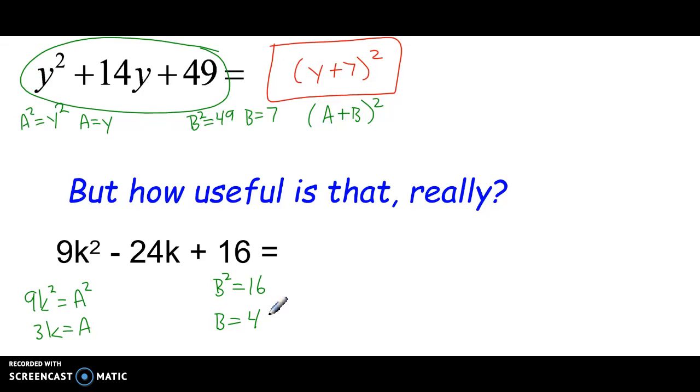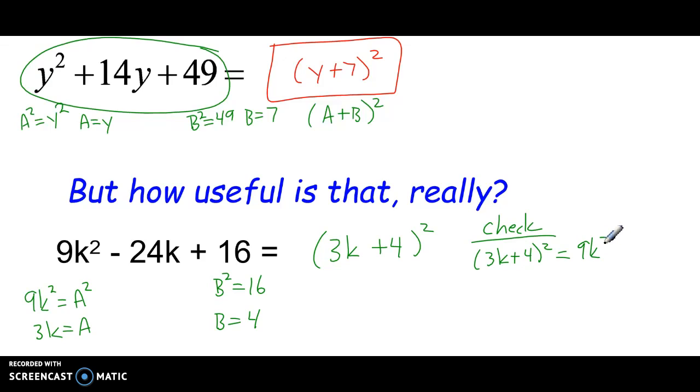So you would try to break this up the same way we did the one a second ago, a plus b, and you'd say 3k plus 4 squared, but when you check it, it doesn't work. Remember, you should always check all your factoring problems. When you take 3k plus 4 and square it out, you get 9k squared, but you get plus 24k, not minus 24k.